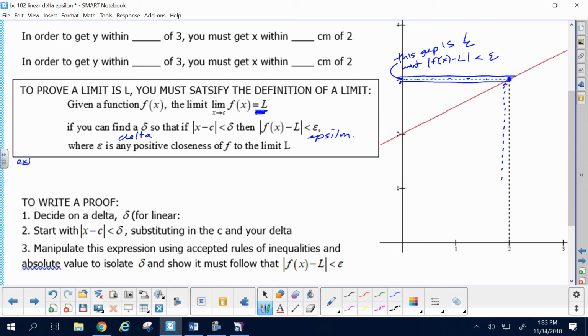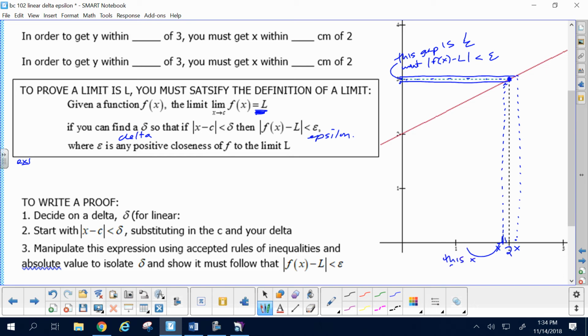Now, that epsilon relates directly to how close of an x value I need to get to 2 to get there.